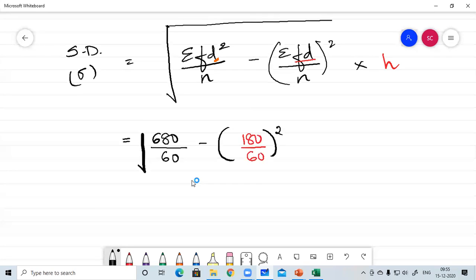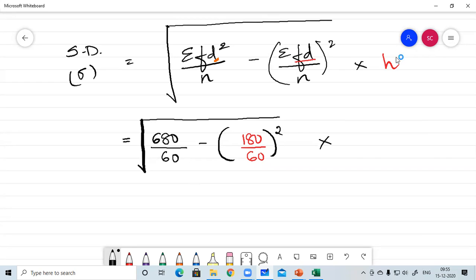This whole thing goes under root. And pay attention, the into h is outside the under root sign. If you observe here, this into h is outside the under root sign. It's not inside the under root sign.